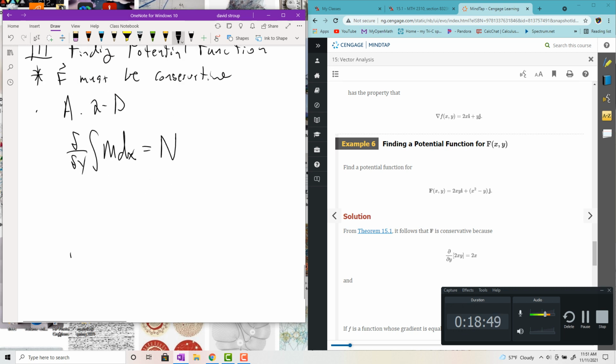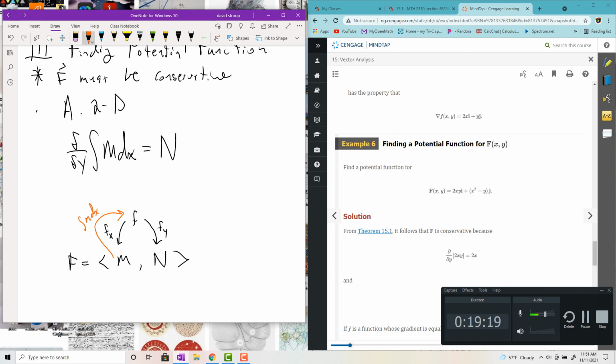Well, if you think about the vector field, and it equals some m comma n, we're saying that this thing is the result of taking partial derivatives of some potential function f, right? If you go in this way, it's the partial with respect to x. Go this way, it's the partial with respect to y. Okay, so what that formula does is first it'll take m and then integrate it back up to f with respect to x, right?